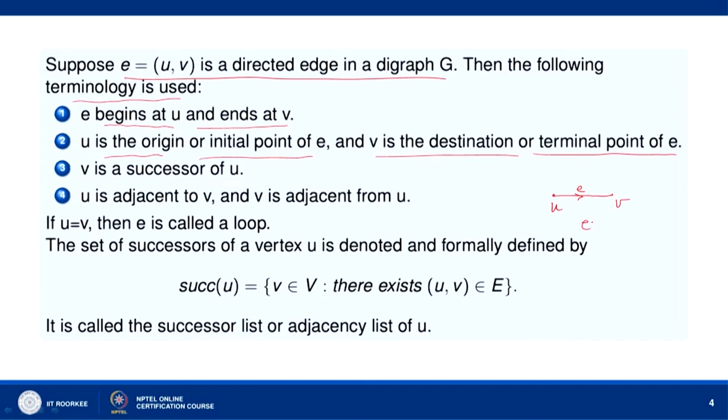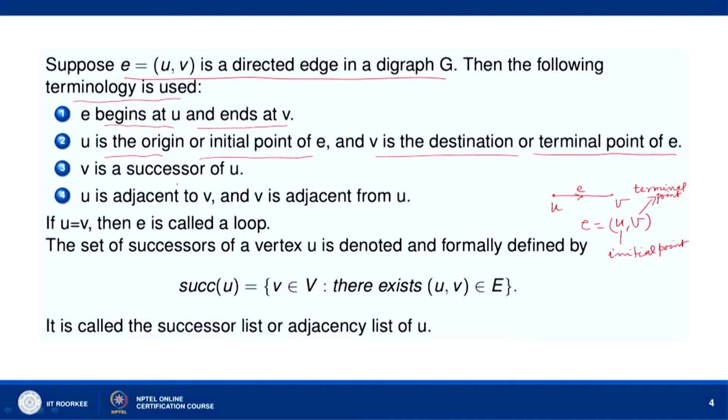So, e equal to UV, U is the origin or initial point of e, and this is the terminal or destination point of e.